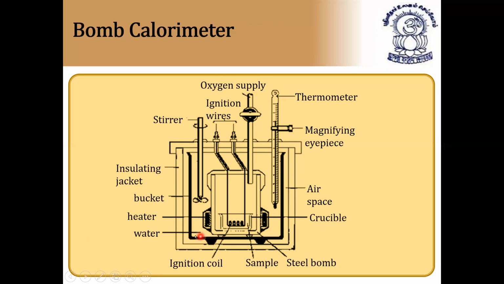When the water gains heat energy, the rise in temperature is shown on the thermometer. The steel bomb holds the mixture which we are going to burn, and the ignition coil provides the heat. So this is the bomb calorimeter, where we can find out the heat capacity of the mixture.